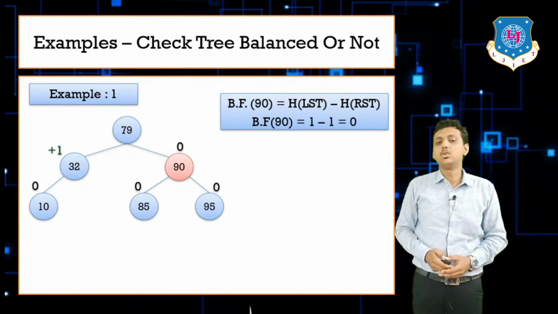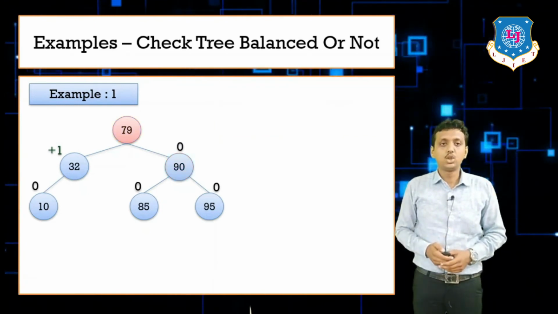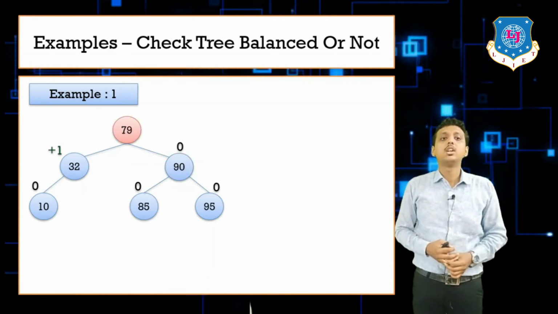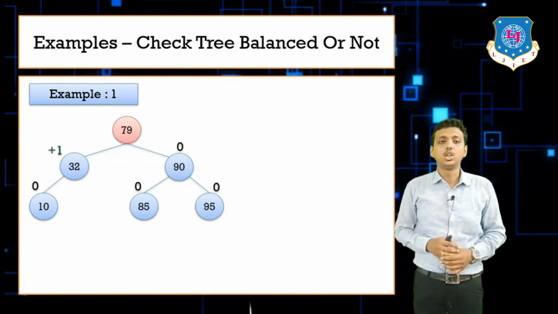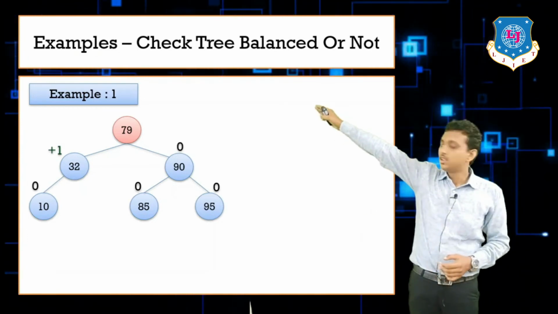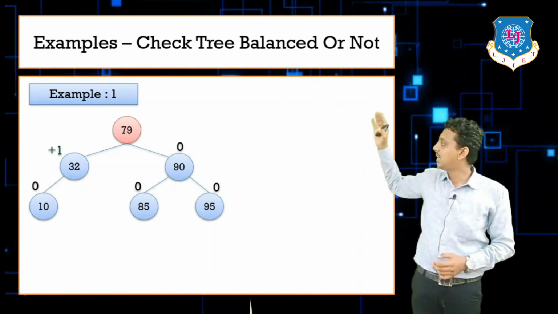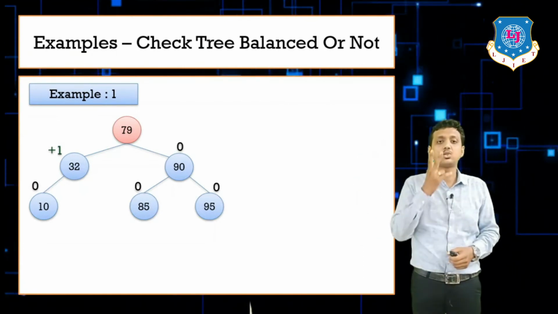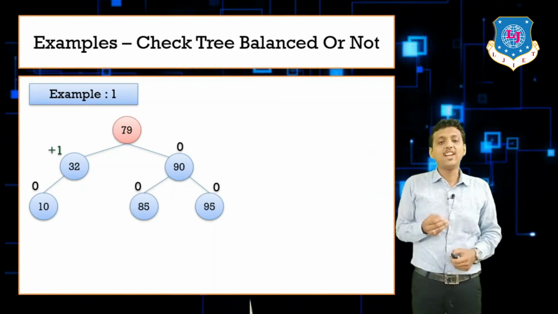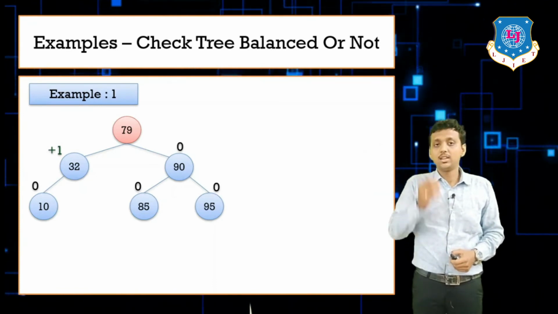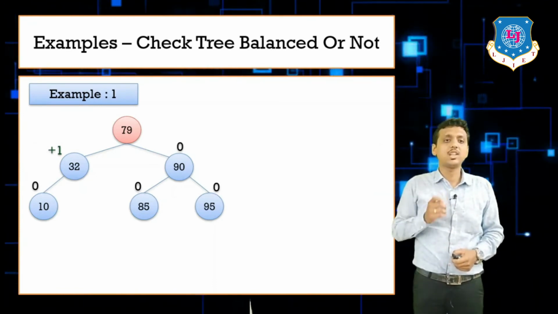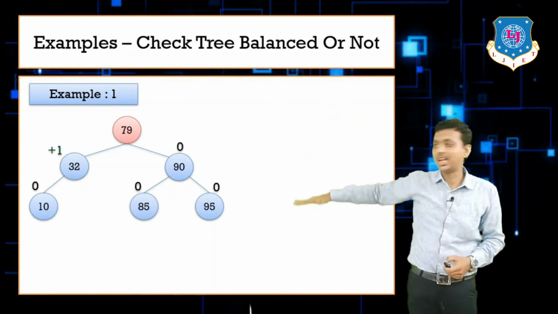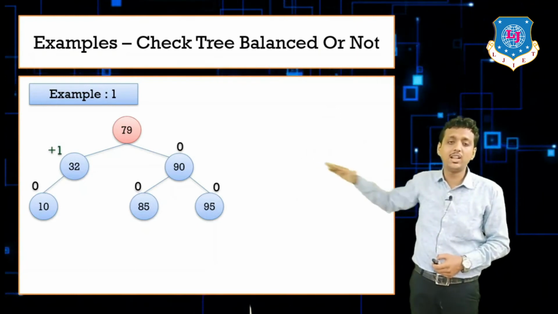Fine. Now our last node, the root node. Tell me, students, what is the height of the LST for the root node? The left subtree height for node 79 is 2, because there are two levels, 32 and 10: one level at 32, one level at 10.